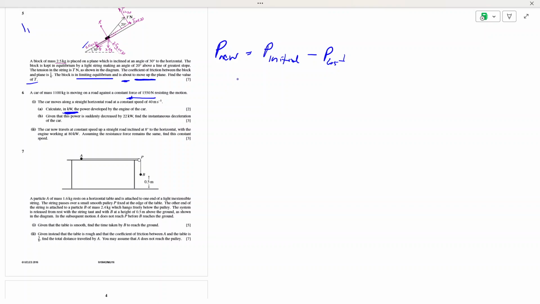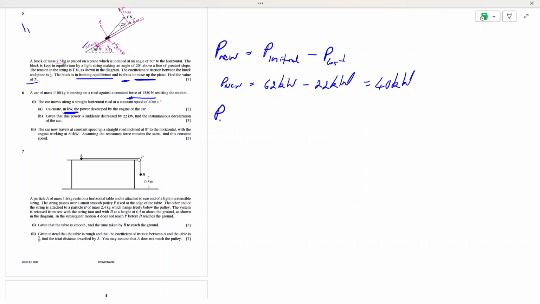So P new is going to be equal to the initial power, 62 kilowatts, minus the power lost, 22 kilowatts. And that is going to be equal to 40 kilowatts.